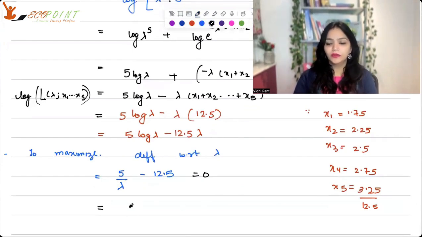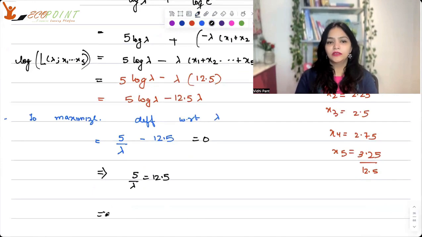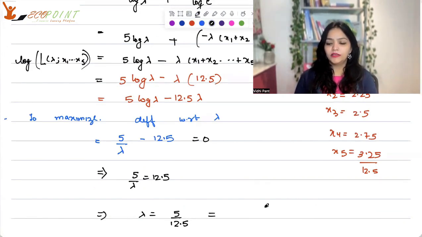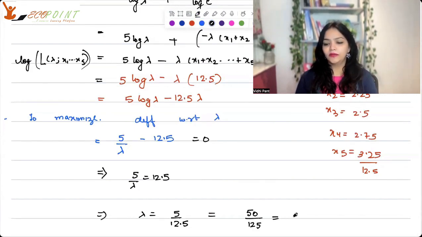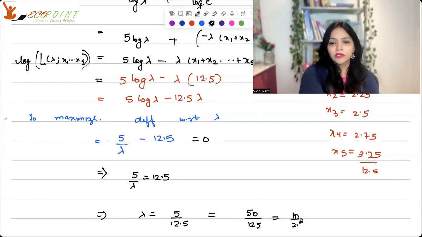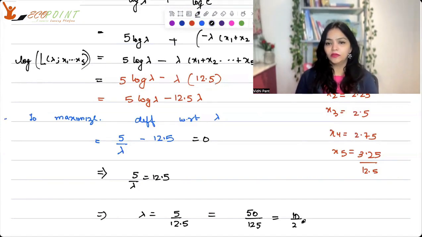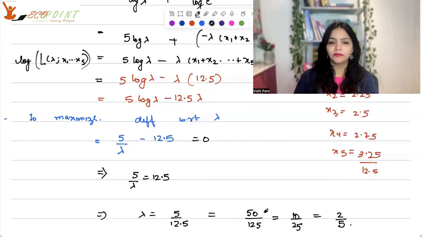So equating this to 0, you get 5 upon lambda is equal to 12.5, or in other words, lambda is equal to 5 upon 12.5. That is 50 upon 125, which is 10 upon 25, which is basically 2 by 5.